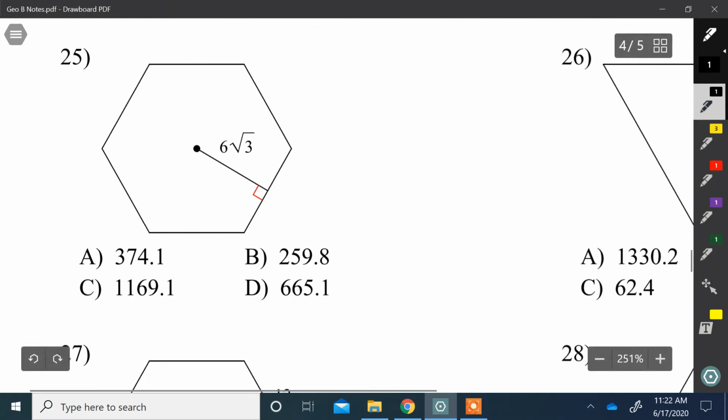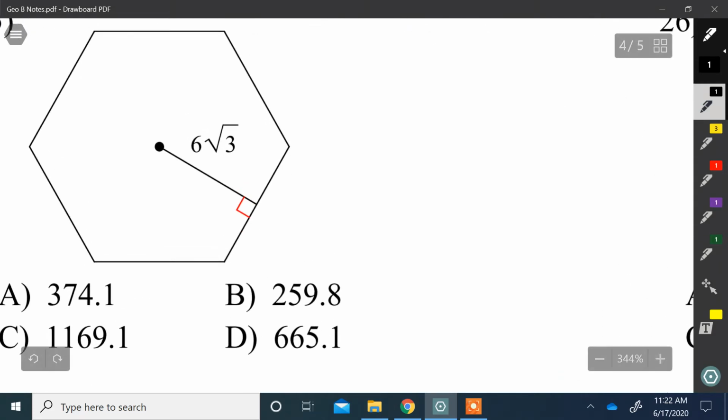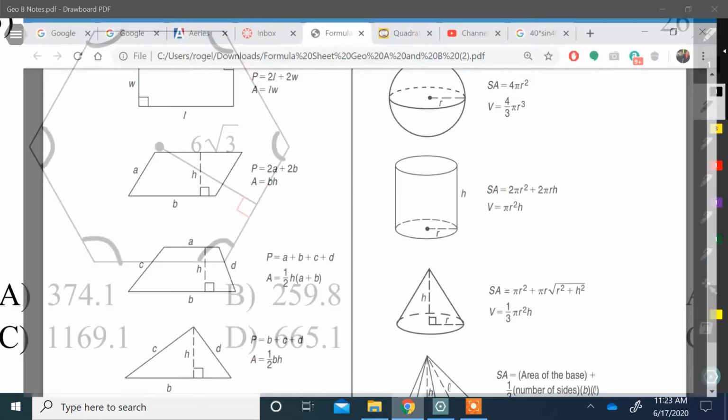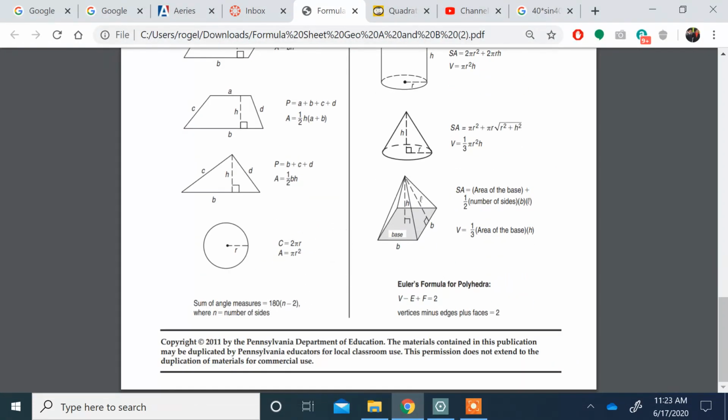So once again, guys, we have to realize what we have here. So first of all, how do I find what those are supposed to be? Those are just all the same. So let me see if the formula sheet has it for you here.